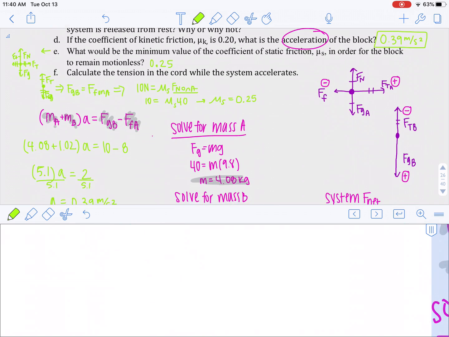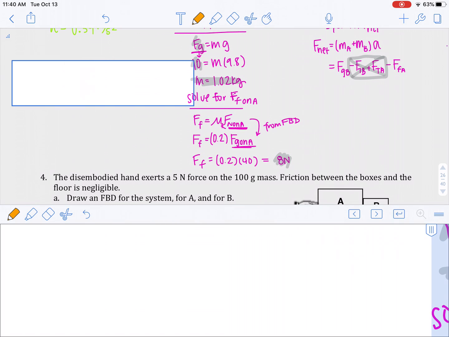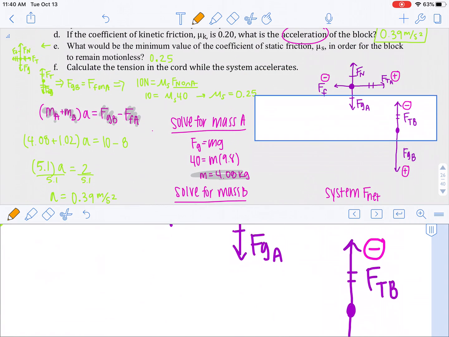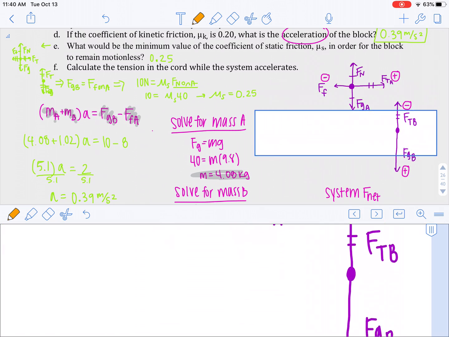All right, now for part F, I'm supposed to calculate the force of tension. And for part F, what I'm going to do is look at just one of these objects. If I'm calculating the force of tension, I can't look at the system of the two. I have to look at one individually.